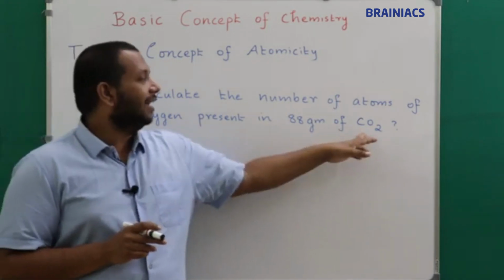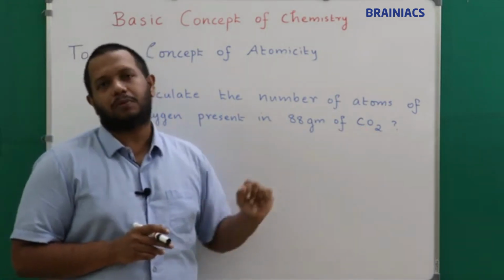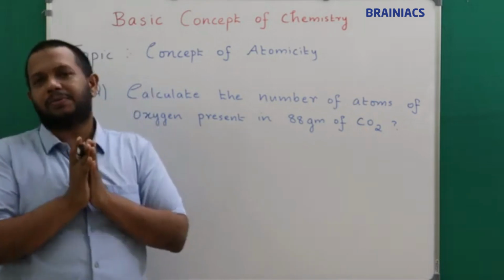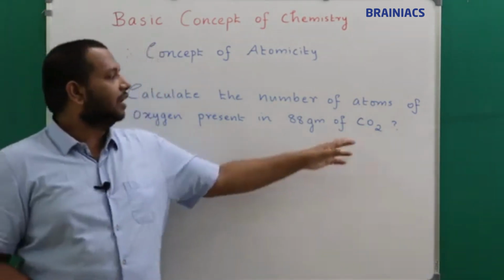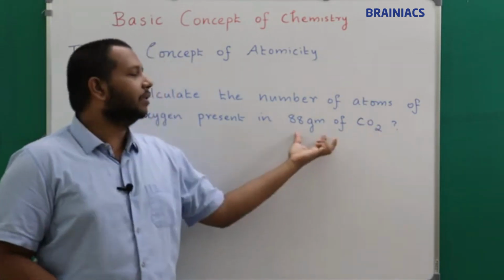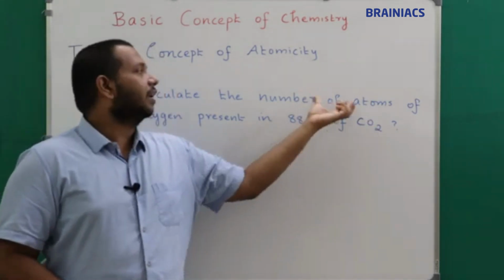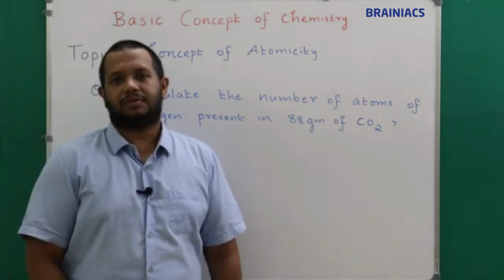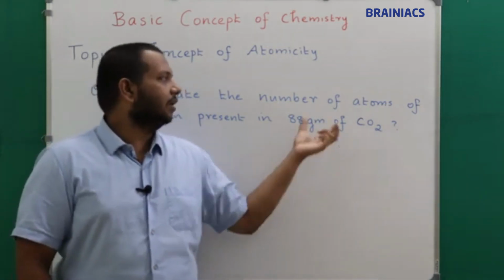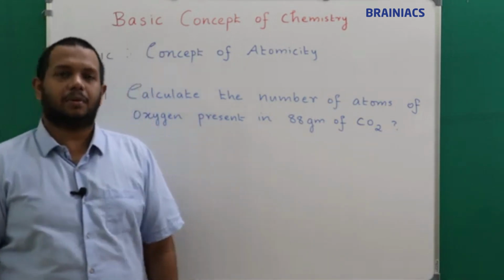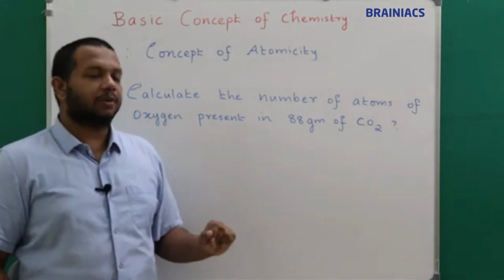No, they have given a compound. A molecule means it is made of the same type of atoms; a compound means it is made up of different types of atoms. So they have given a compound and its mass, and they are asking you the number of atoms. So what are you expected to do?